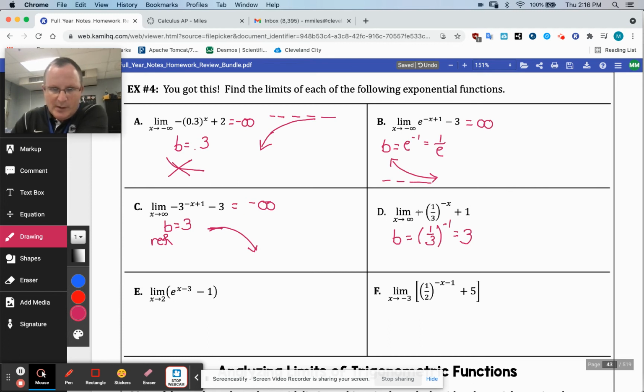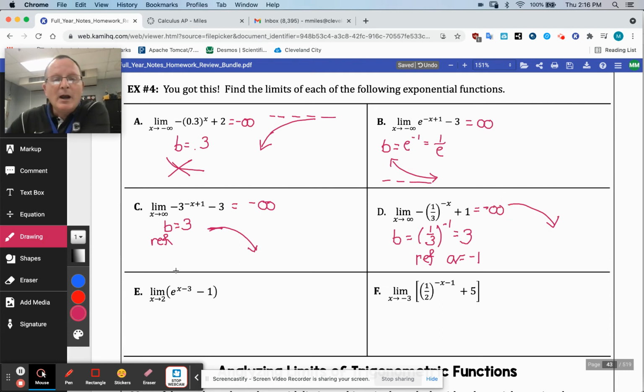It is growth, but it's reflected, once again because of a being -1. So instead of our normal growth, it's going to fall like this. And this one's asking as you approach infinity. So that's going to be falling to the right, so that will head to negative infinity.